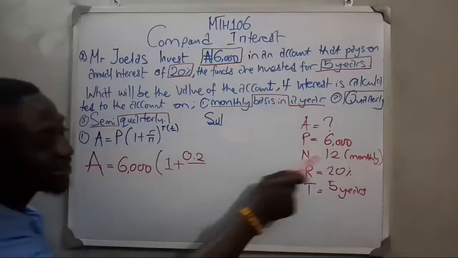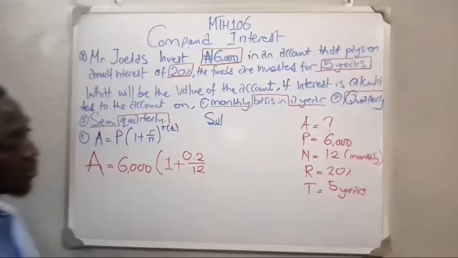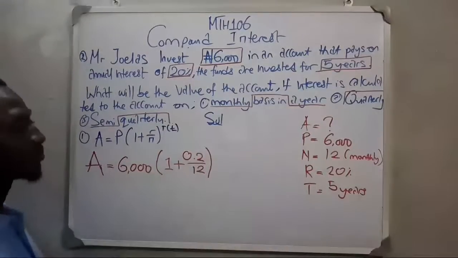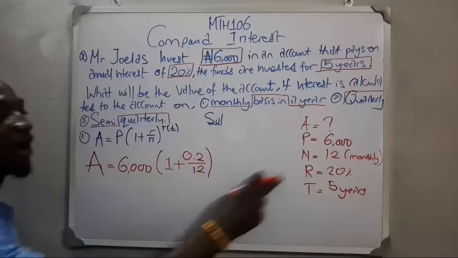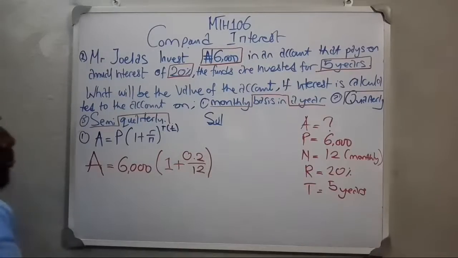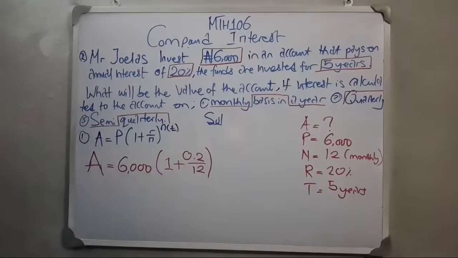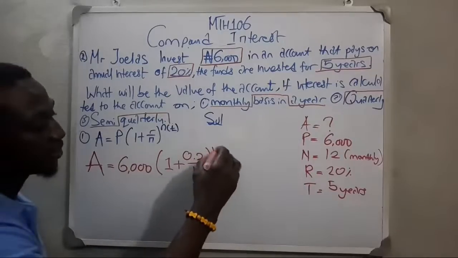We said N is 12. Okay. So we bring down the N. Then we'll close the bracket. So from here, R is still 20%. This should be N, not R. So our N, which is 12, is here.